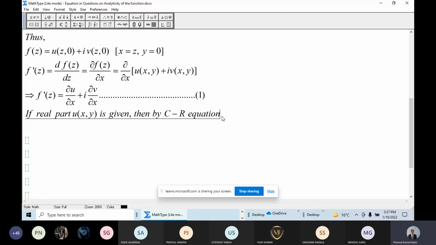Then by CR equation, del v by del x is equal to minus del u by del y. You all know this one.